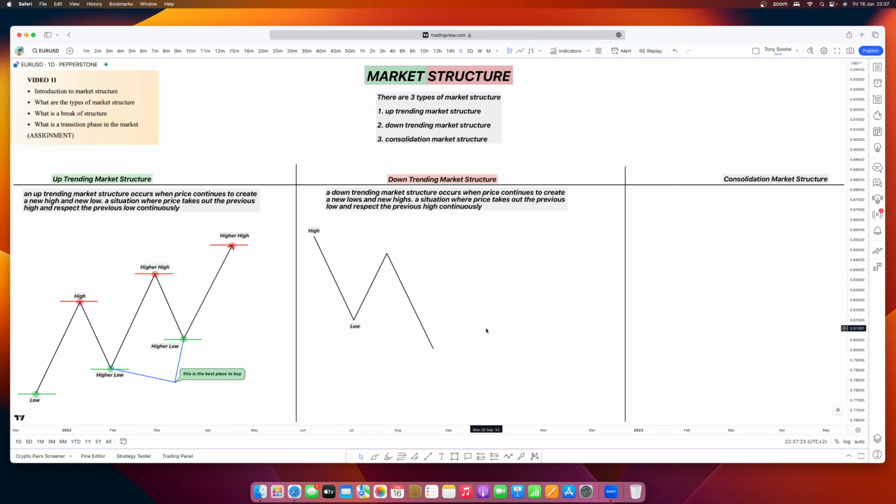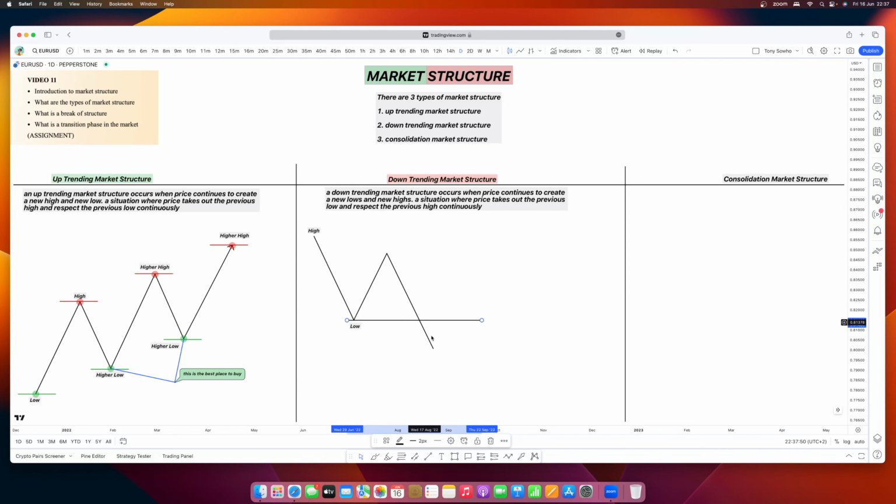Now, what has happened here? Let's come back to the definition. Occurs when price continues to create a new low. That means it should keep creating new lows, thereby it should take out the previous low and create new highs. A situation where price takes out the previous low. So once price can sell down below this previous low here, the previous low was at this level, right?